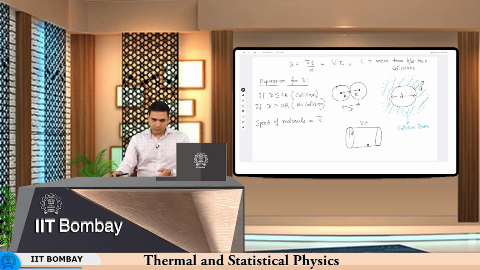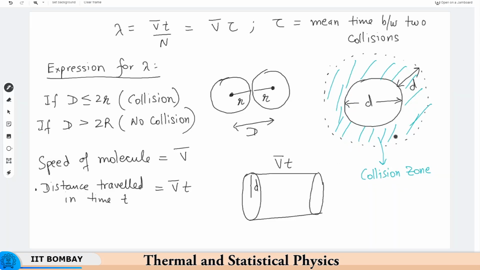So, basically maybe I can write down. The distance travelled in time t is basically V average times t, and this collision zone will now look like a cylinder whose length is V t and radius is d, right.